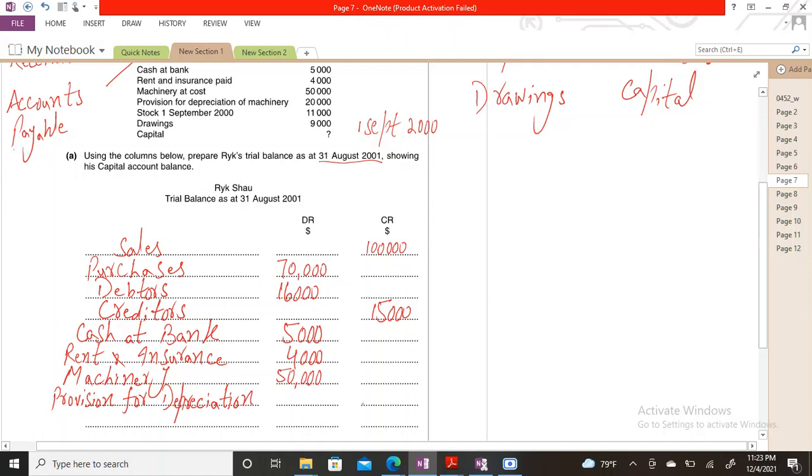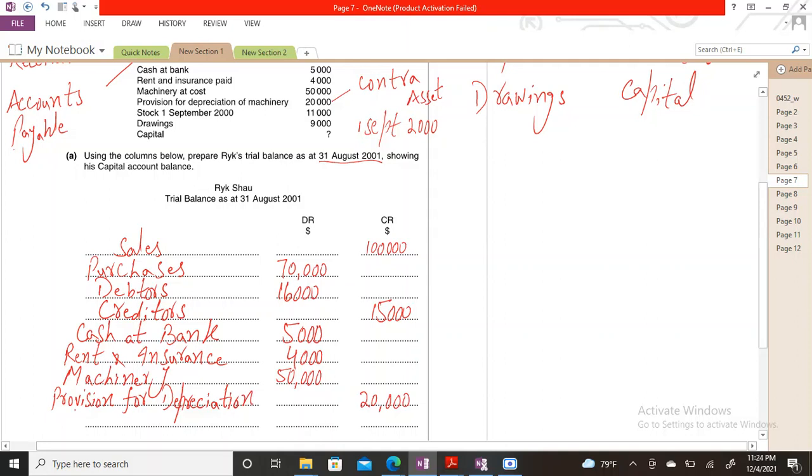It is also called a contra asset, which means that it will decrease the asset value.